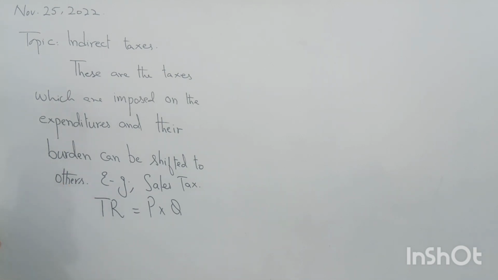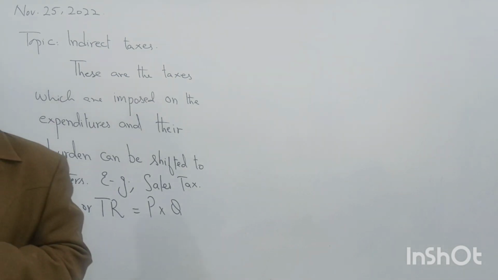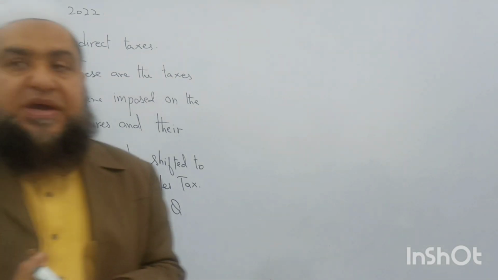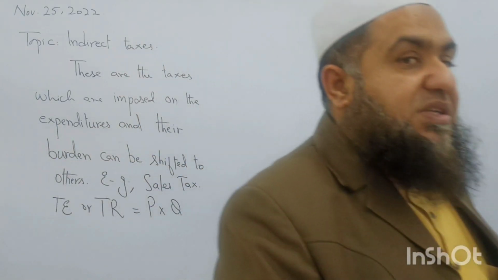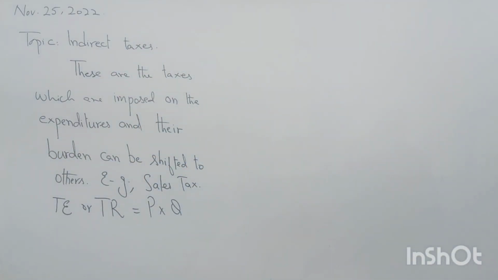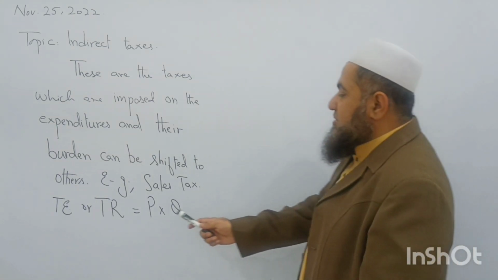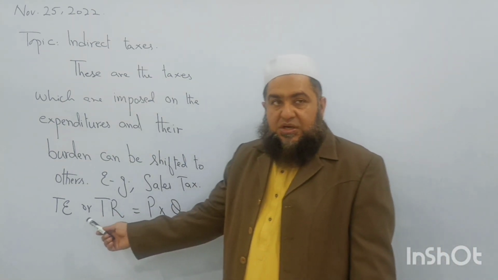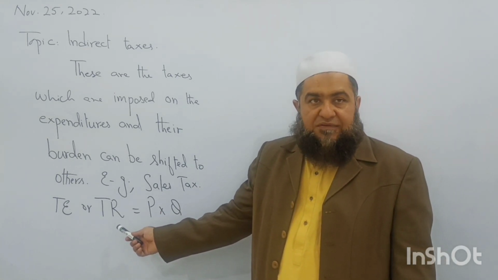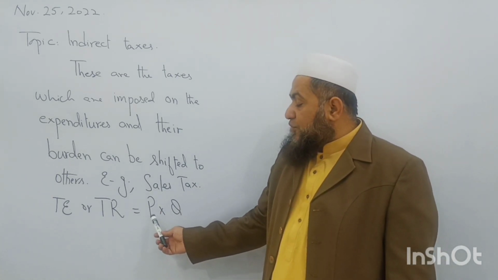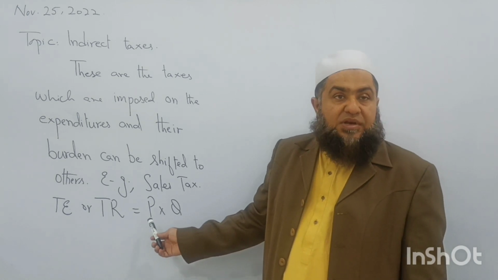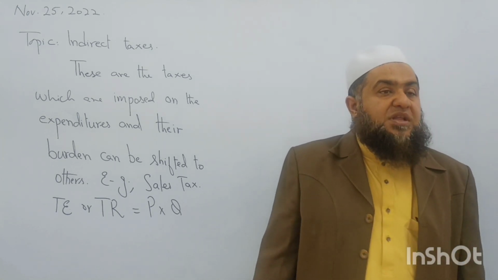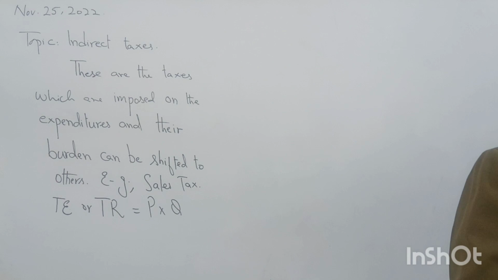The revenue of the seller is actually the total expenditure of the consumers. For example, if I am buying something, my expenditures are going to be the revenue of the sellers. So can I write the total expenditures of the consumer or the total revenue of the seller? They both can be calculated by multiplying price with the quantity sold.